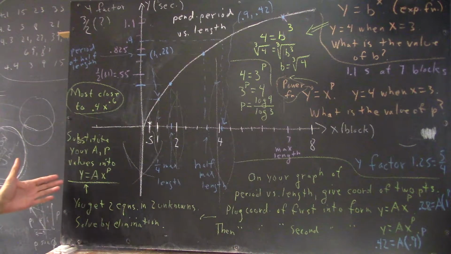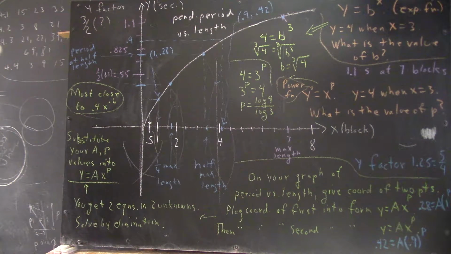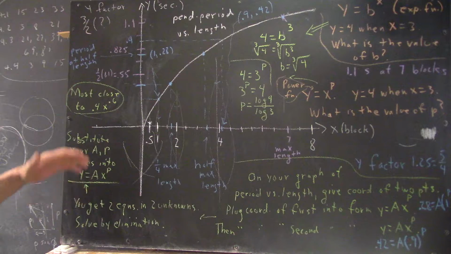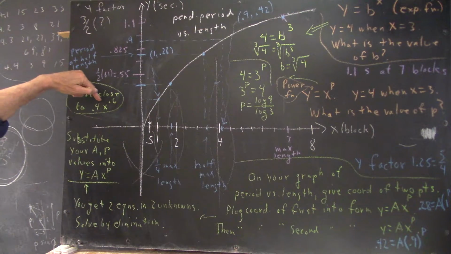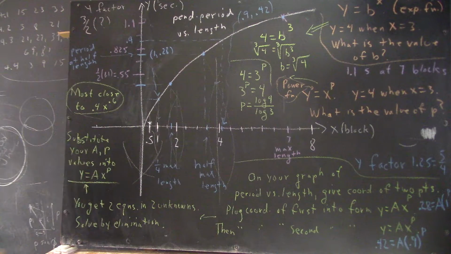Having obtained the values of a and p, we plug them back in here. Most people got results that are pretty close one way or another to 0.4 times x to the 0.6 based on this graph.